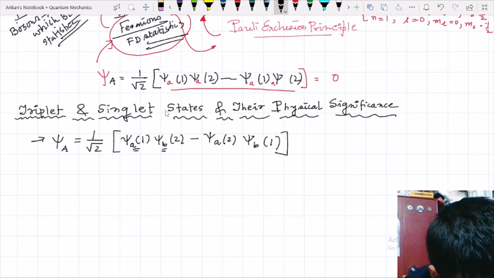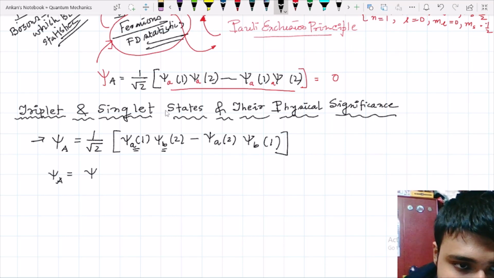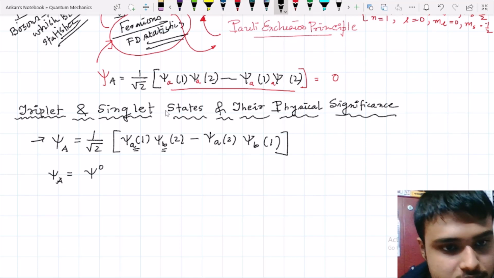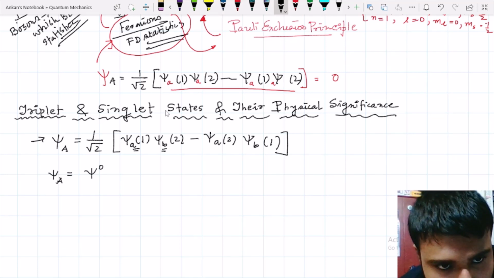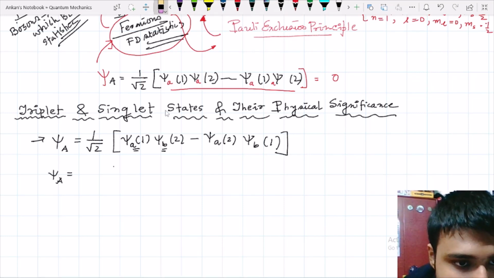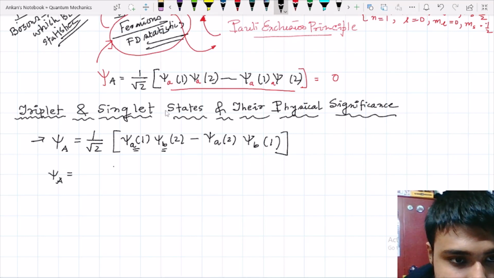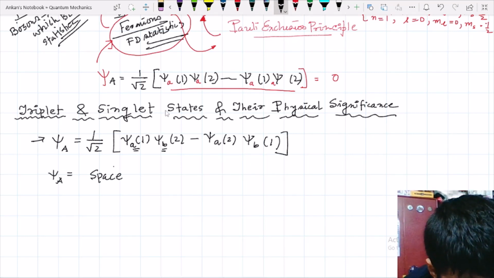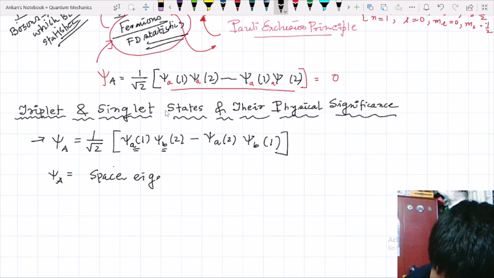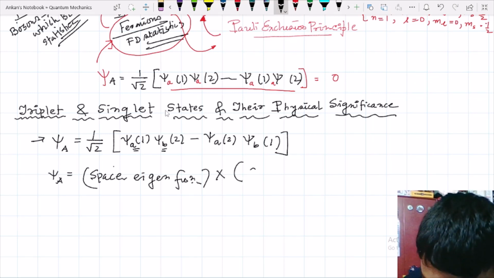Now let us suppose that psi is composed of a space part, that is the space eigenfunction, into the spin eigenfunction.